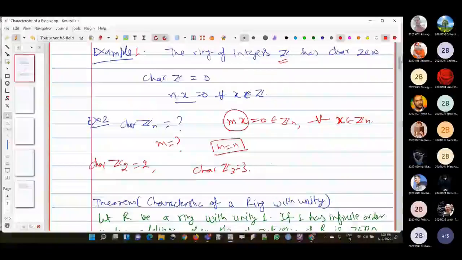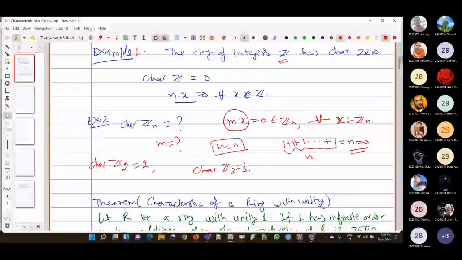In the other case, example number 2, in case of Zn, if you add 1 n times, and this is the minimum number of times we need to add 1 to get n, this is 0 in Zn. This is the minimum number, therefore the order of 1 is n. That's what I was talking about.